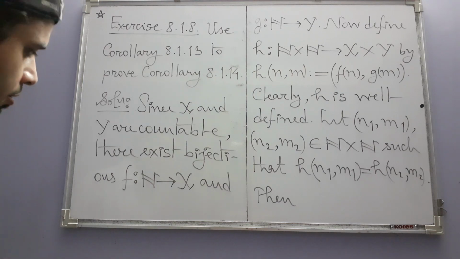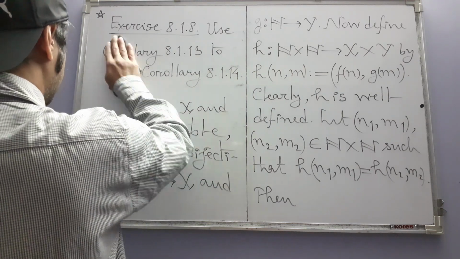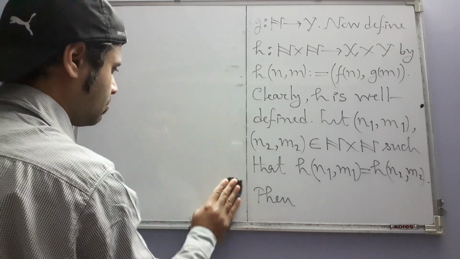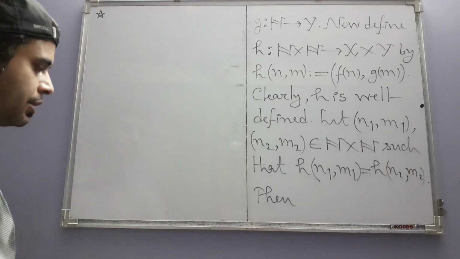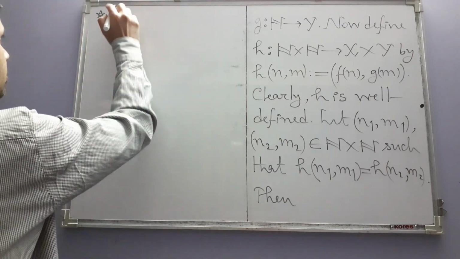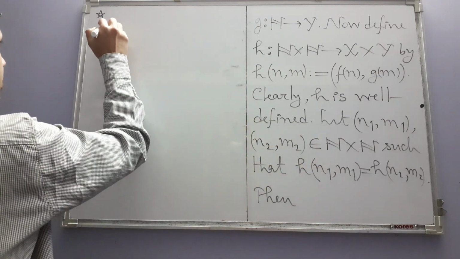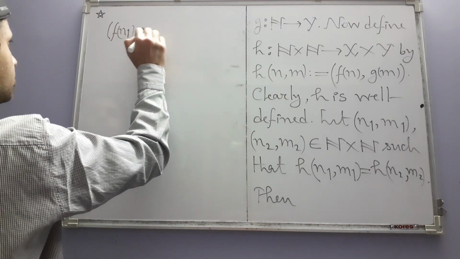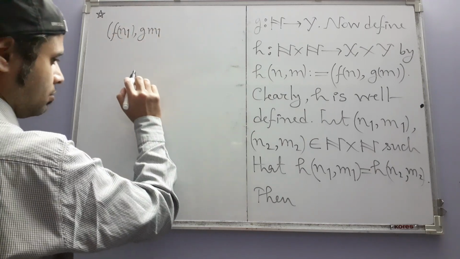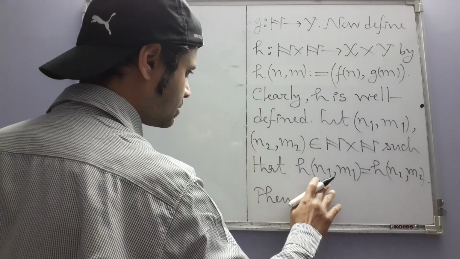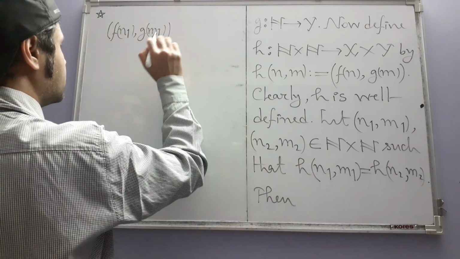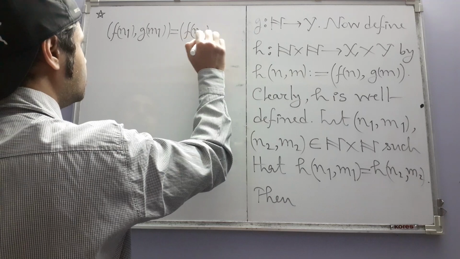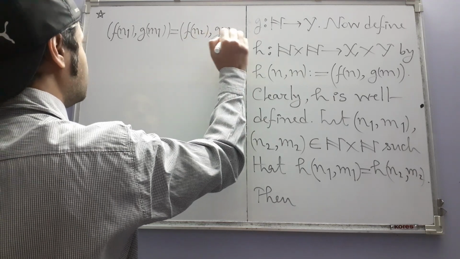Let us write it as an equation array. That way the writing will be minimal. Then this equation just simply means f of n1 comma g of m1 equals f of n2 comma g of m2. Many things are there, I should not make a mistake.